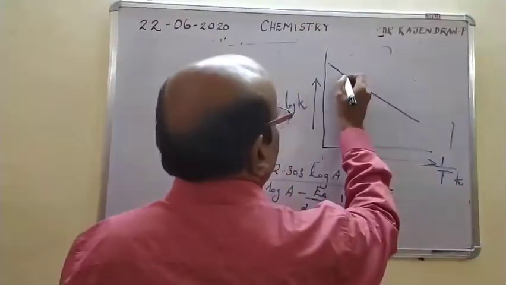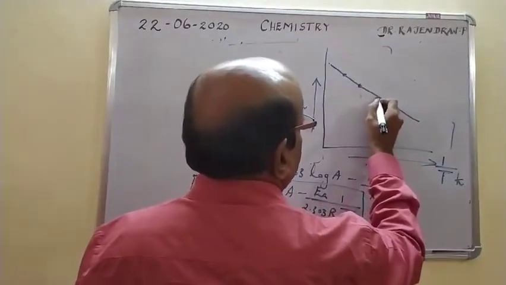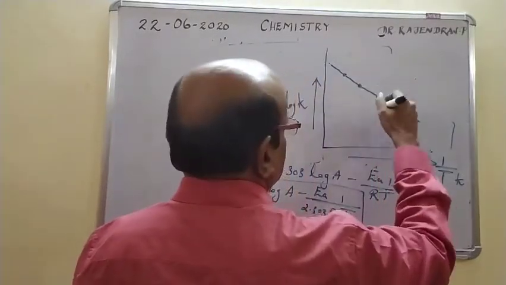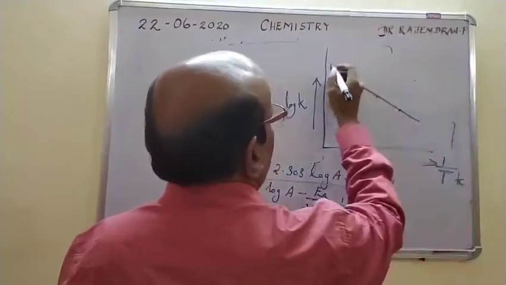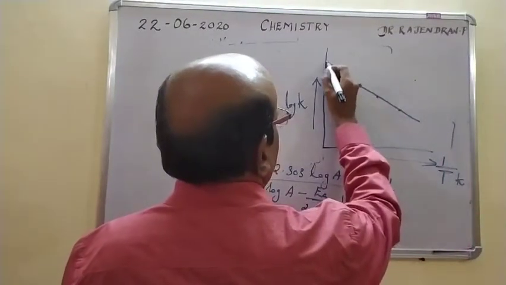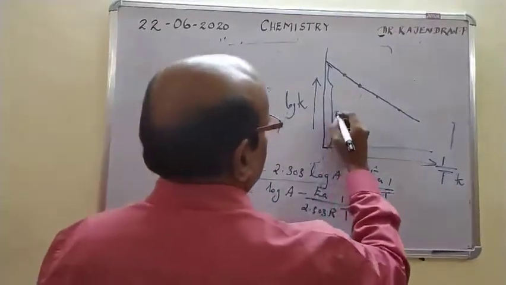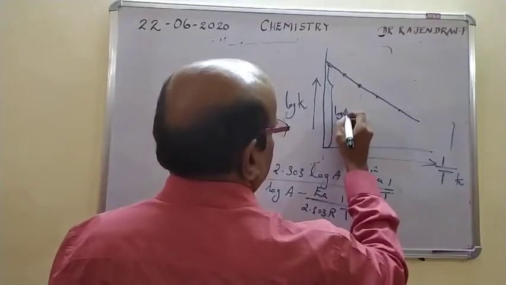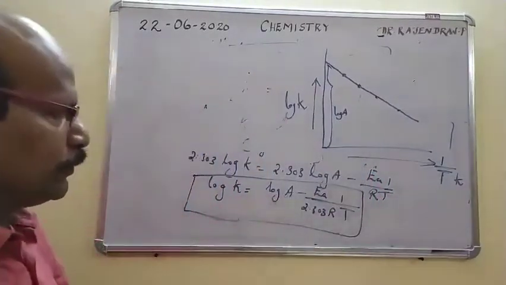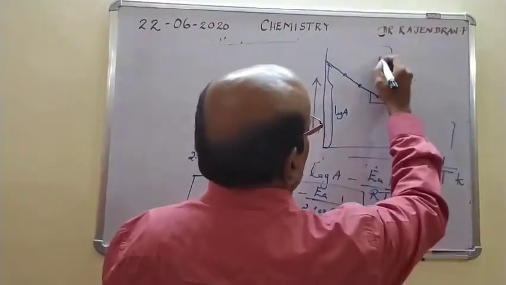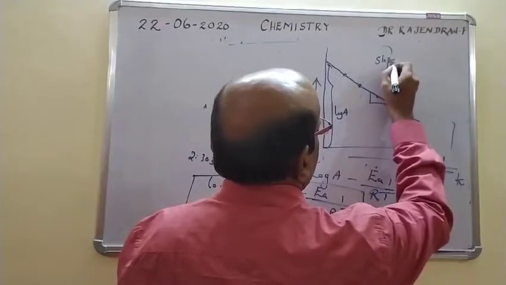This is a straight line with a negative slope and a y-intercept. These are temperatures T1, T2, T3, and the axes are log k against 1 by T. This y-intercept gives log A, while the slope is negative.